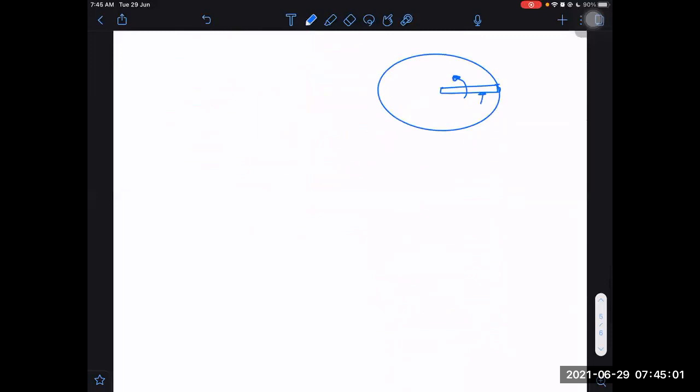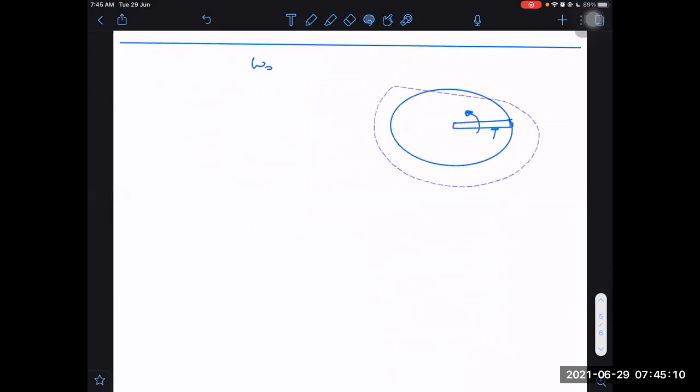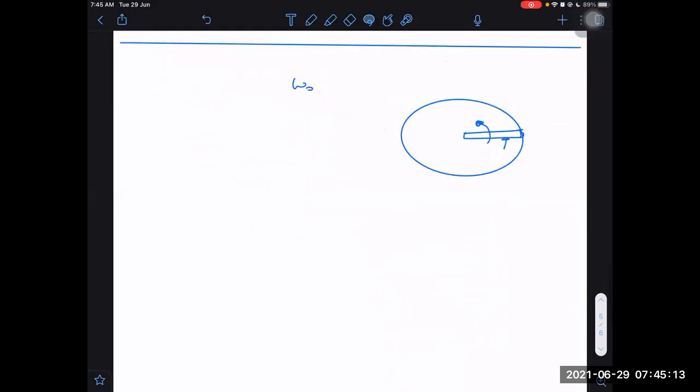Then the graph would be... Sir, if it is initial omega naught, sir. Let us say I am changing the condition slightly, and I expect you to answer it very easily.